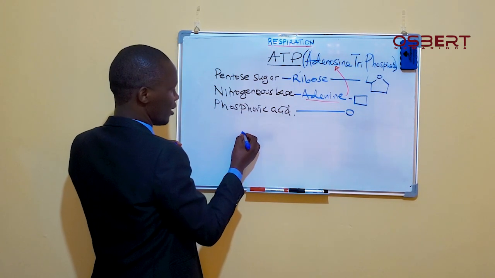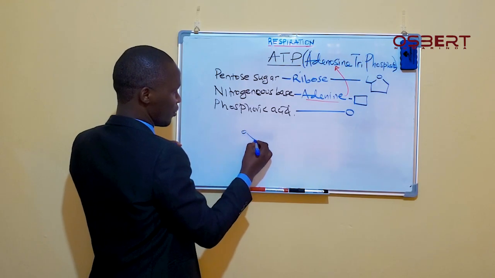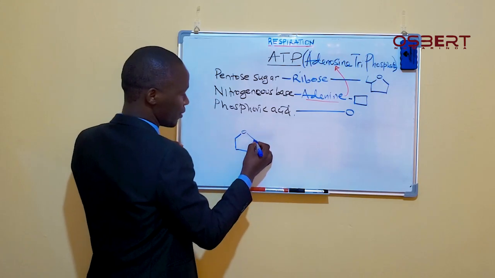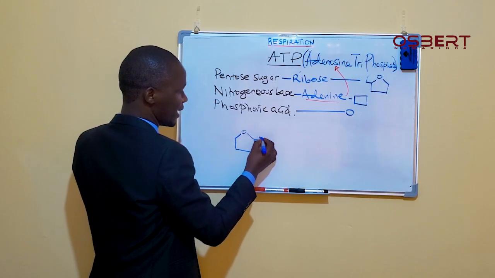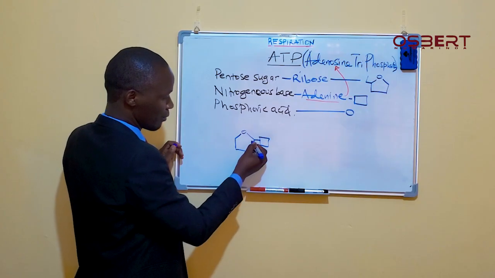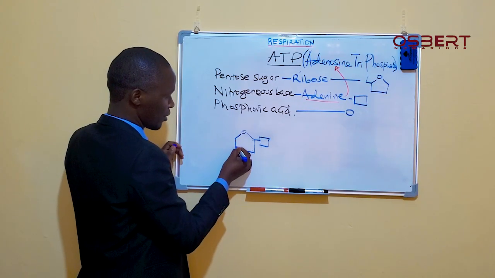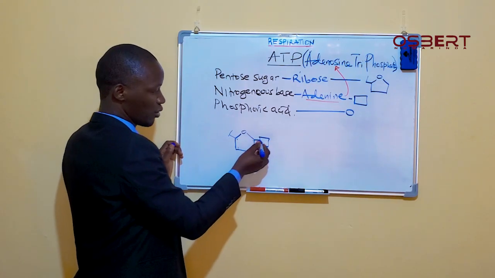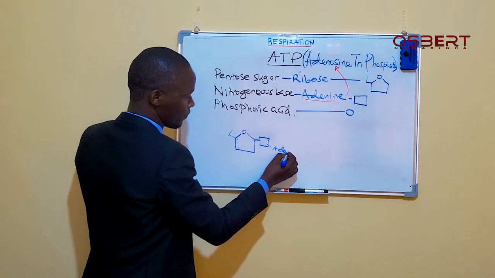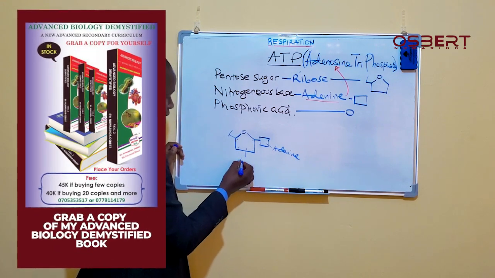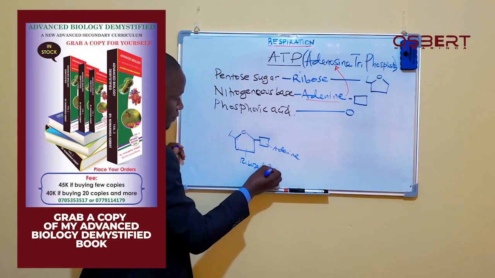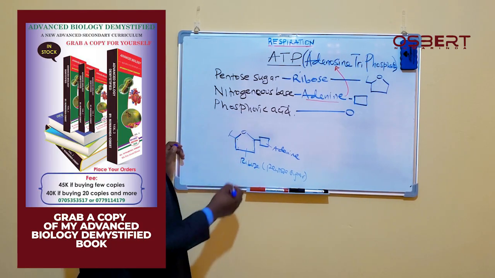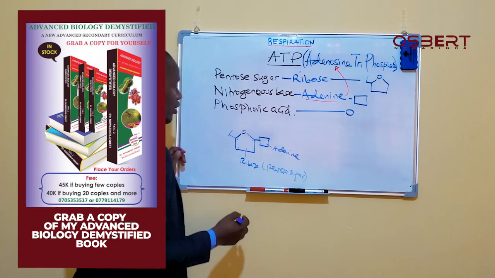Your ribose, which is a pentose sugar, will come, and there will be a bond that combines it with adenine on carbon atom number 1. So on carbon atom number 1, we shall have our adenine base. This is the ribose, our pentose sugar, and then we shall have the phosphoric acid groups coming here.